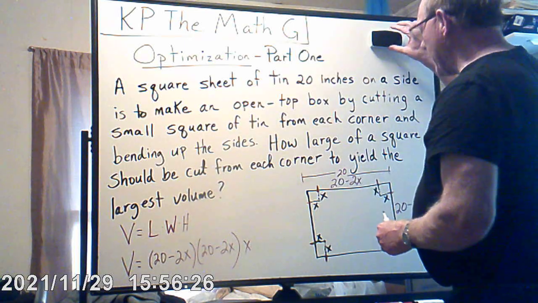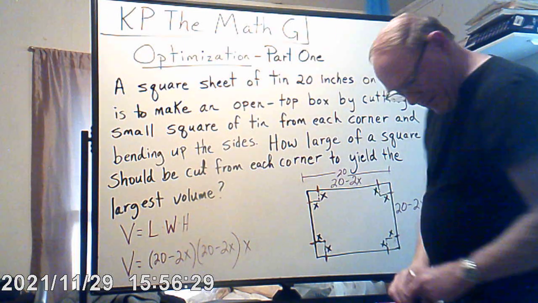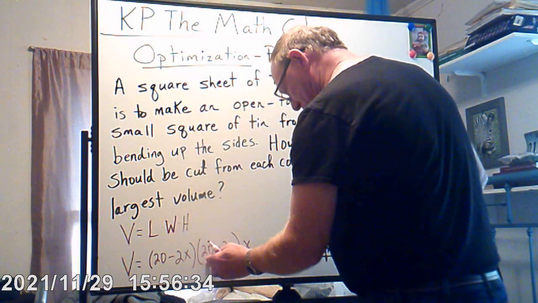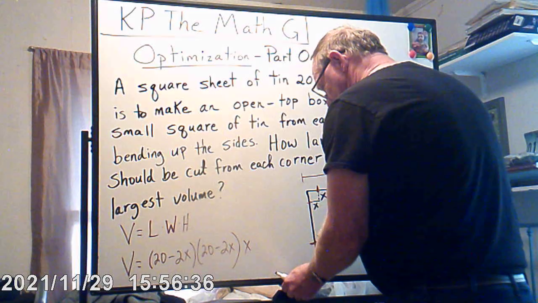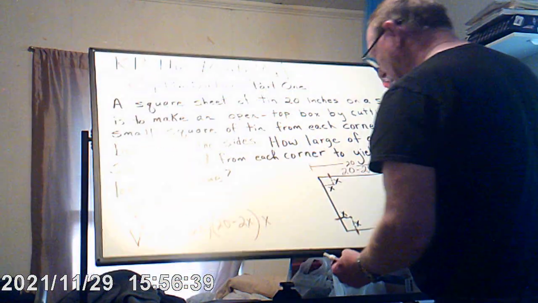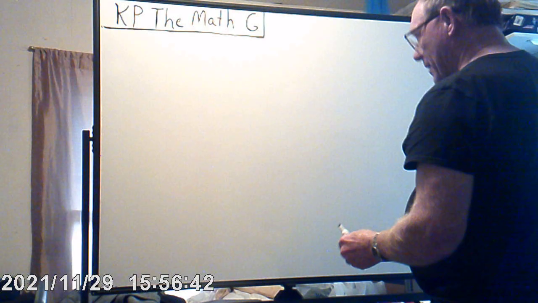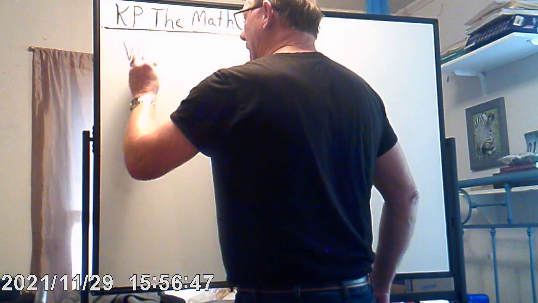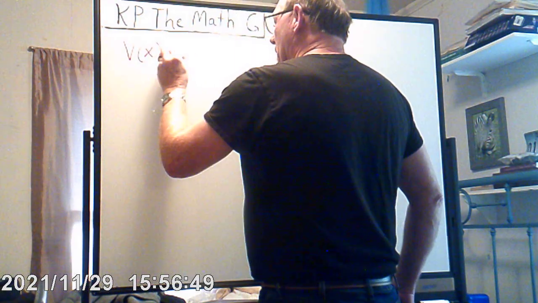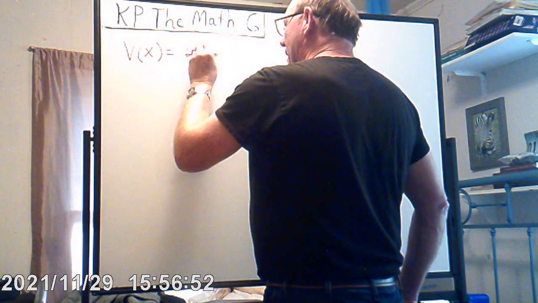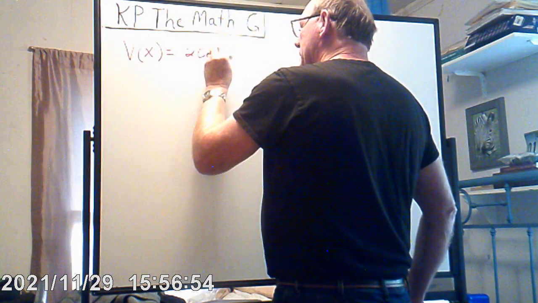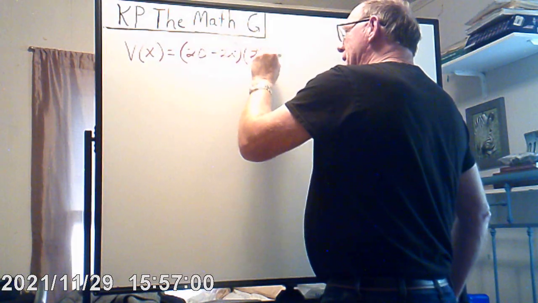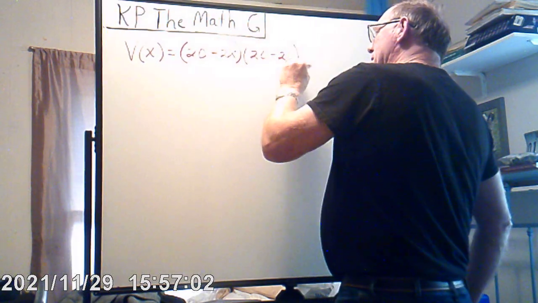Alright, let's go ahead. I want to flip this over now. Remember, 20 minus 2x, 20 minus 2x times x. Okay, here we go. We're going to flip this over. So v at x actually is 20 minus 2x times 20 minus 2x times x.